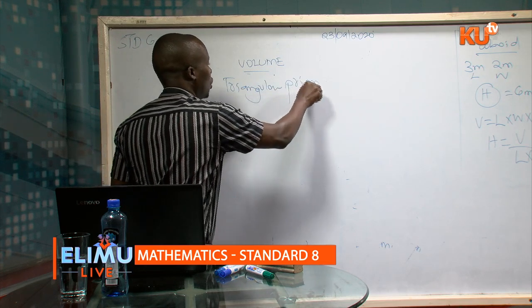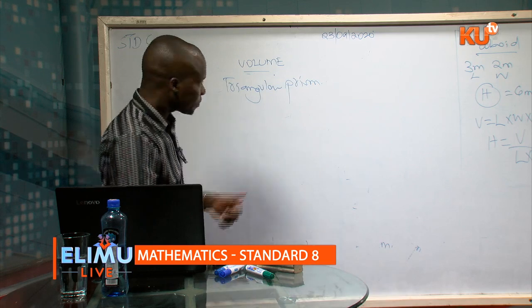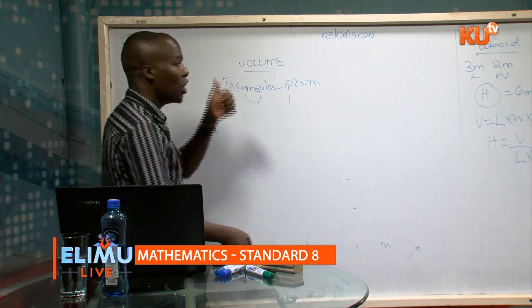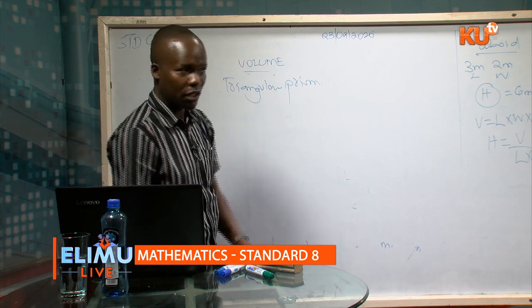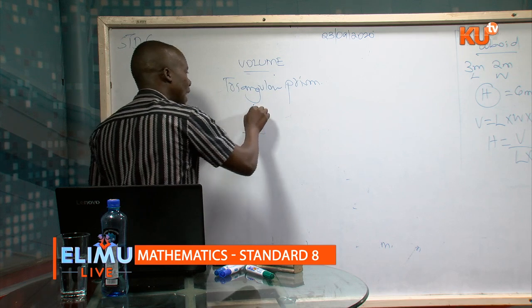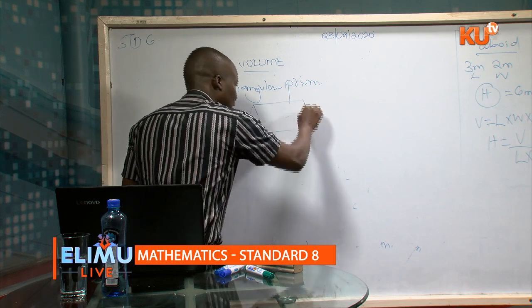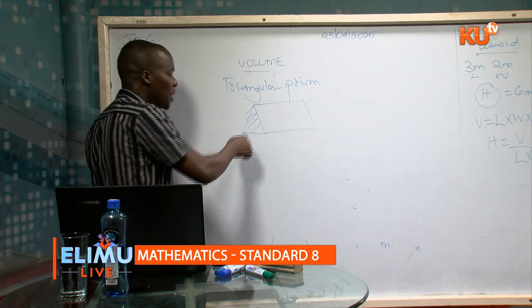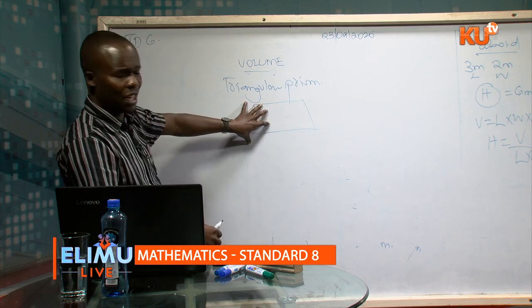So, Michelle, a prism is any shape with a uniform cross section. So we will have that one and then all that. This is what gives it its name, triangular prism, of this uniform cross section.